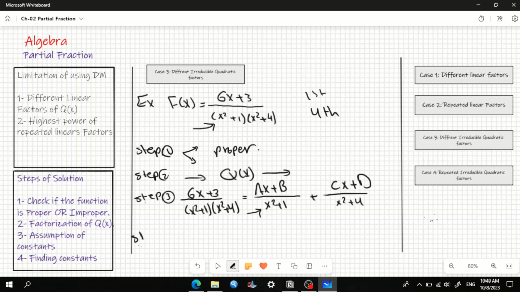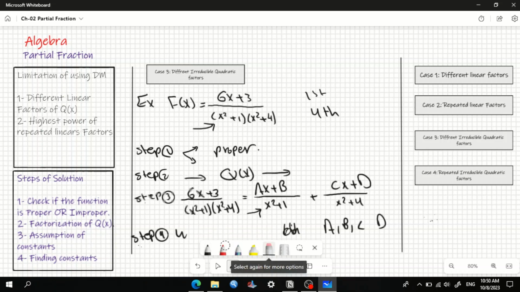Let's move to step 4. Here we can't use the direct method, as we don't have different linear factors or a repeated linear factor. So here using the comparison method to get a, b, c, and d.